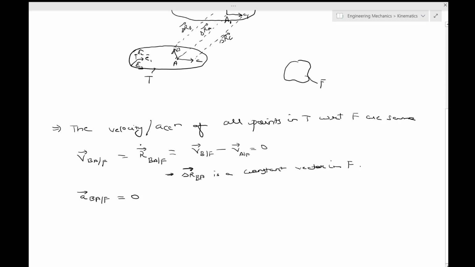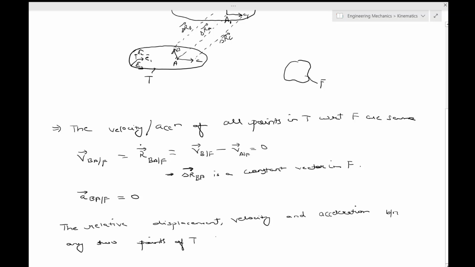So let's say it in words. The relative displacement, velocity and acceleration between any two points of T with respect to frame F are 0.